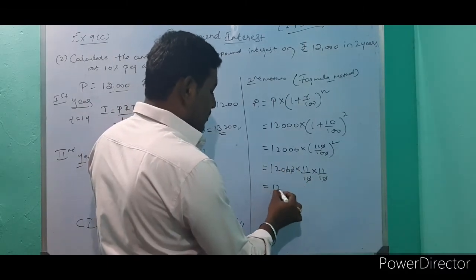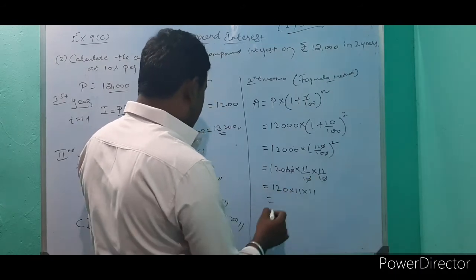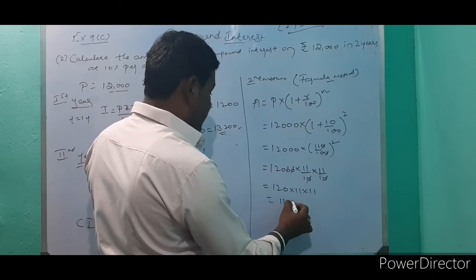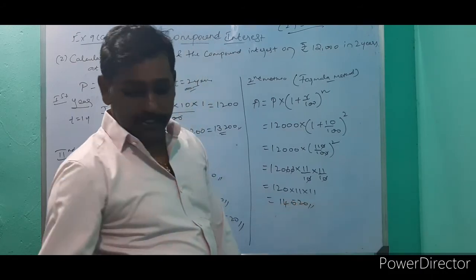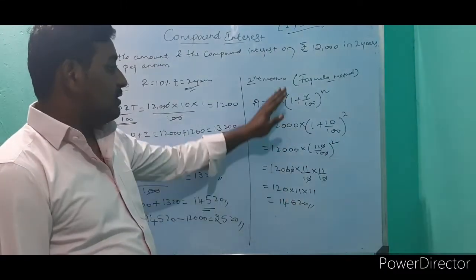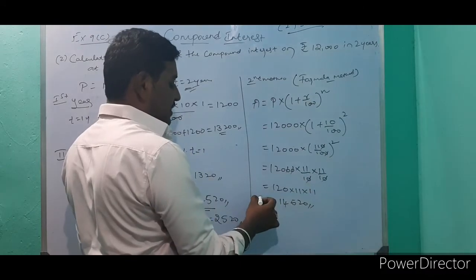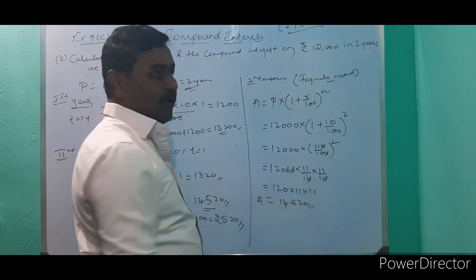Then 10 and 10 get cancelled, 120 into 11 into 11. If you multiply all those, you will get 14,520. So directly, the amount for 2 years we are finding directly.